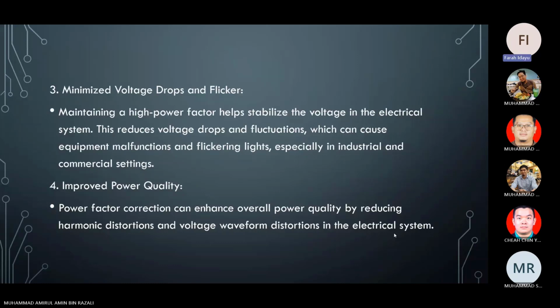The fourth is improve power quality. Power factor correction can enhance overall power quality by reducing harmonic distortion and voltage waveform distortion in the electrical system.